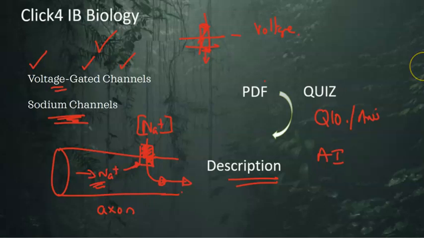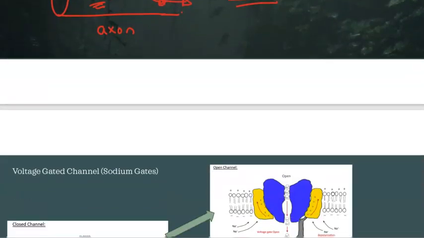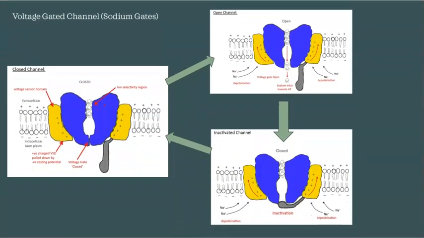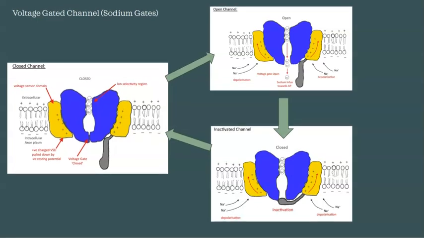Let's take a closer look at the action of the protein. The protein sodium gate operates in 3 modes: closed, open, and inactivated. That's a recovery position.